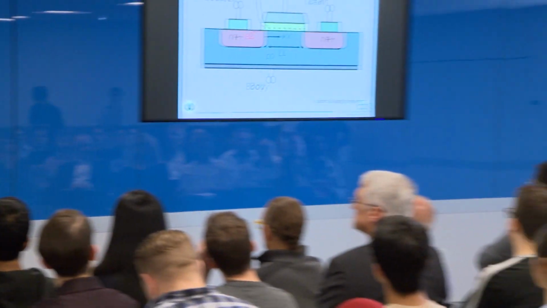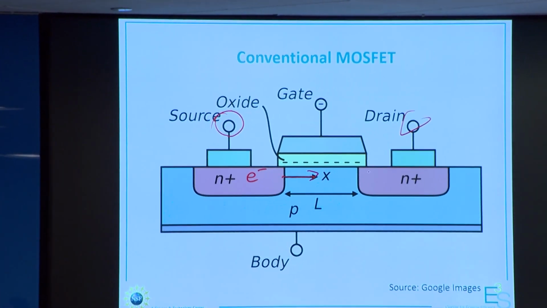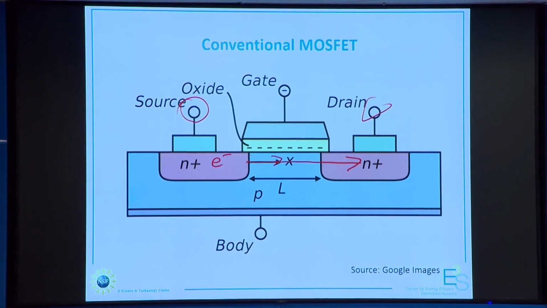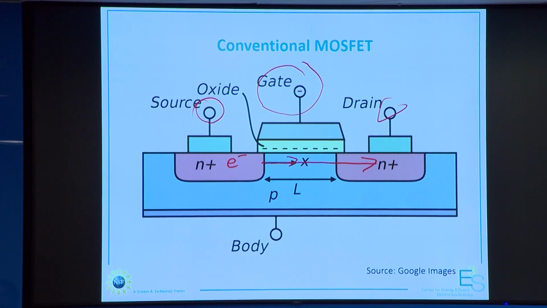So I show here a picture of a transistor, and basically what you have is electrons going between two contacts, a source and a drain. The electrons are traveling along, minding their own business, but they're running into all these negative charges, which produce a potential barrier. So you have the gate, you put a negative voltage on the gate, and this repels the electrons.